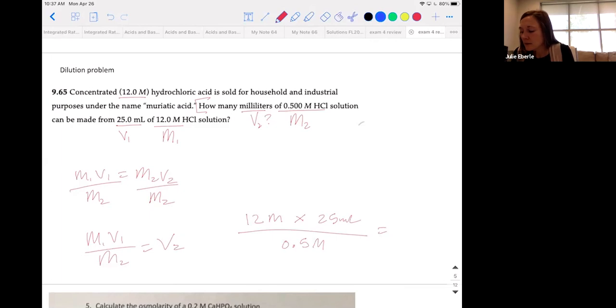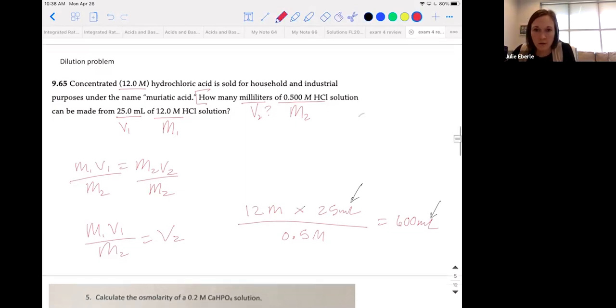So I think last time we got 600 milliliters when you plug all that in. Good. Because you have milliliters right here, your units are going to be in milliliters. If I said how many liters, you just convert it to liters in the end. Questions on that one?